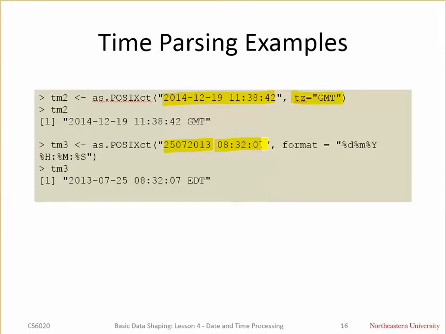So the format here is day, month, 4-digit year, a space, hours, minutes, seconds. So that's how we specify. If you look right here, 25th of July 2013, and then we have the number here for the time with the colons. And again, the time zone in this case is by default the time zone we're in, which is Eastern Daylight Time, or whenever this was created.